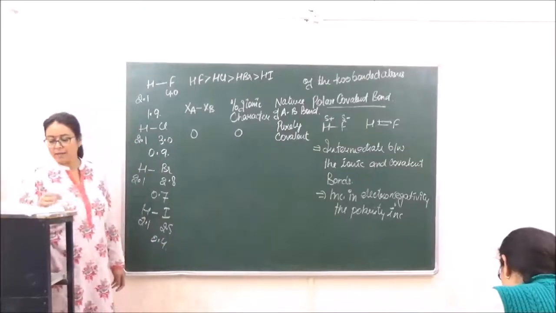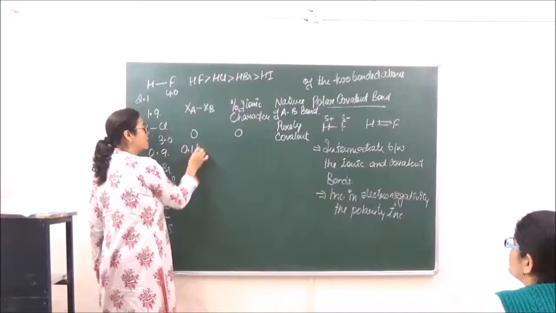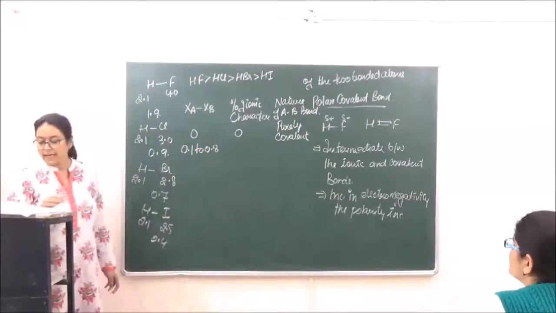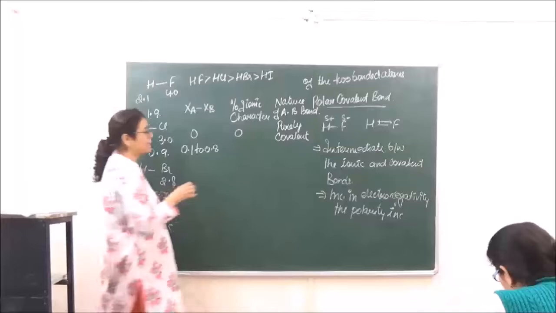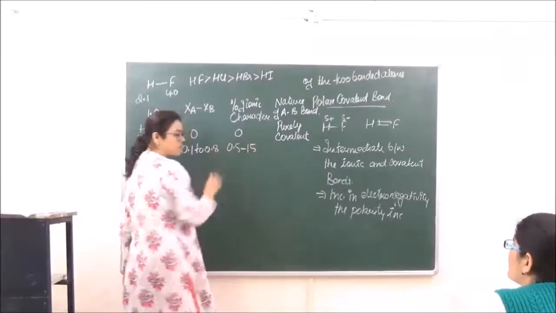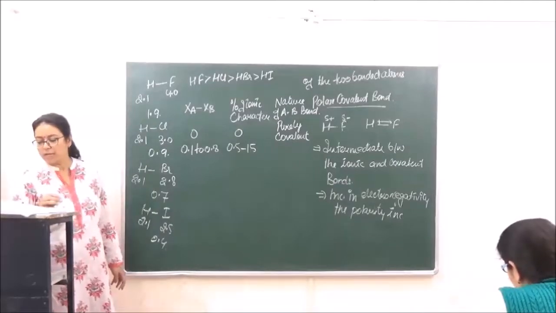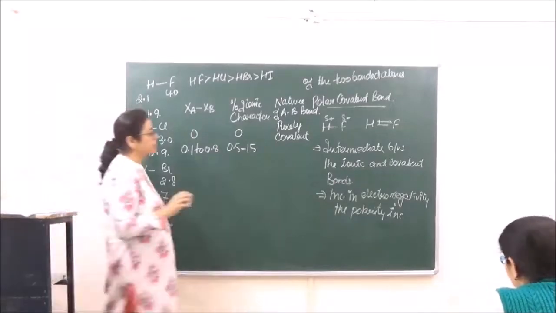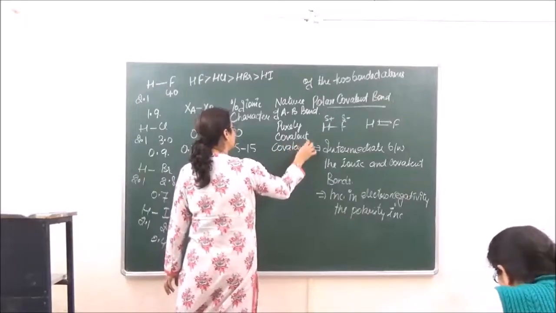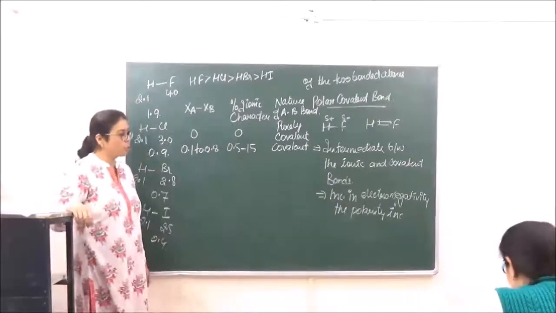After that, if the electronegativity difference is between 0.1 and 0.8, the ionic character is anything between 0.5 and 15%, and such molecules are said to be covalent. They might not be purely covalent, but still they are predominantly covalent.